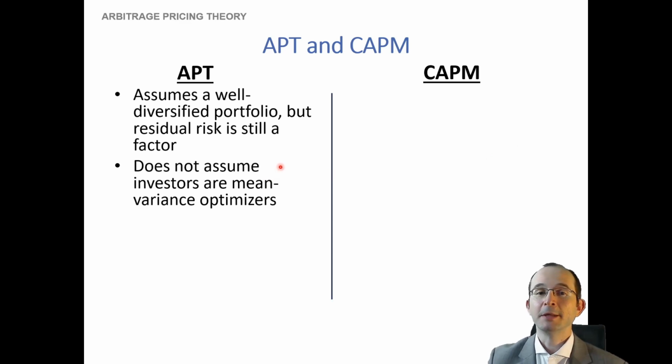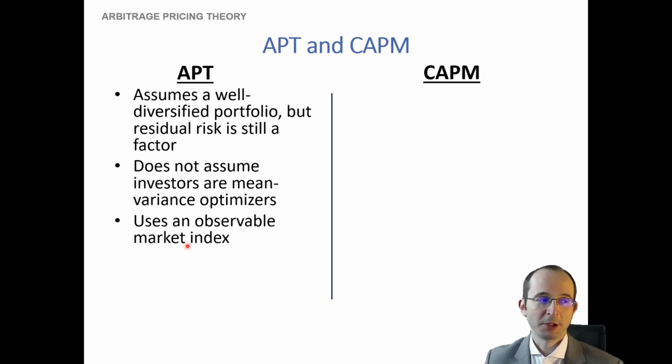And importantly, the APT actually obtains under much more general assumptions. We don't have to have investors care only about mean variance. We don't have to have them all invest in the same portfolio the way that portfolio theory would imply. We don't have to have them have even the same expectations necessarily, though of course they should be able to measure betas in the same way in order to construct these arbitrage trades.